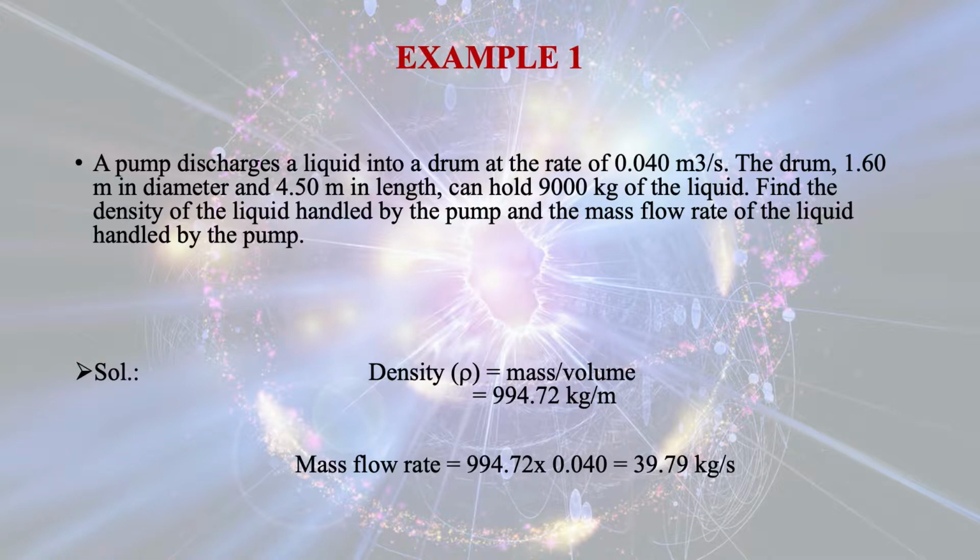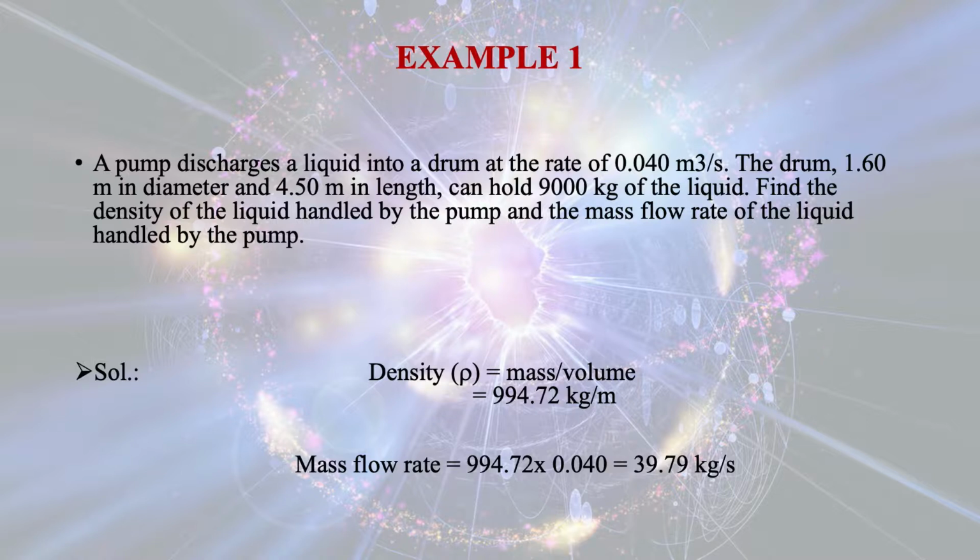But here you see that volume we can calculate from the given data for the cylinder, that is here the diameter of the drum is given as 1.6 meter and the length of the drum is given as 4.5 meter. So we know that volume of a drum is equal to pi by 4 d square into L. So d is given, L is given, we can calculate the volume, and after putting this volume in the equation of density, mass per volume, we can calculate that the final value will come out to be 994.72 kg per meter cube.